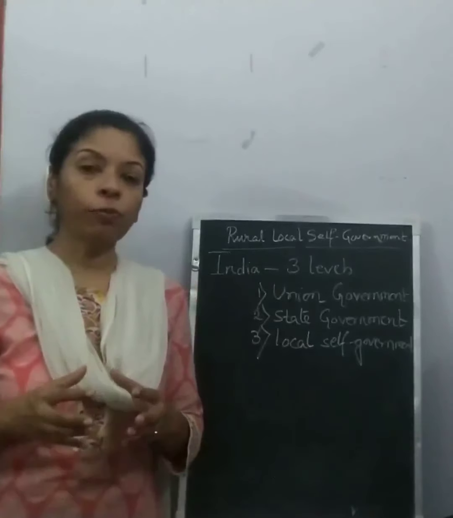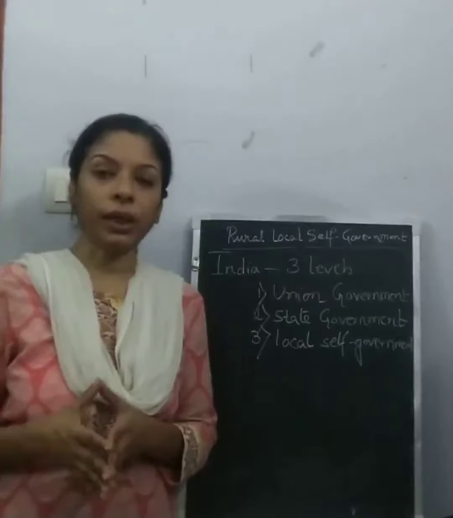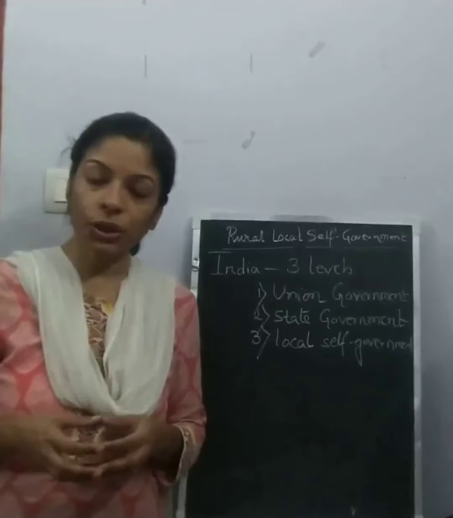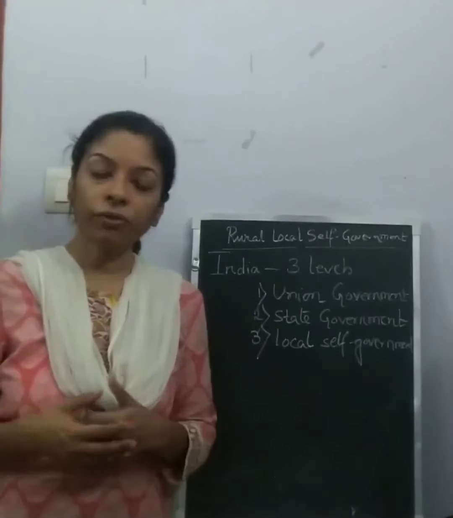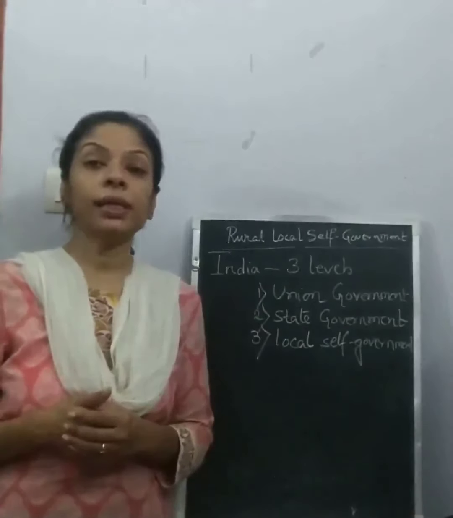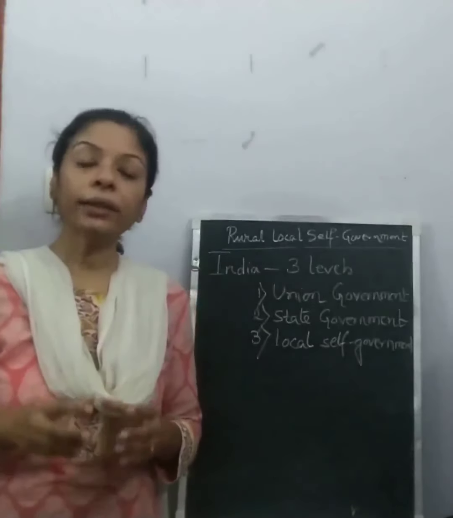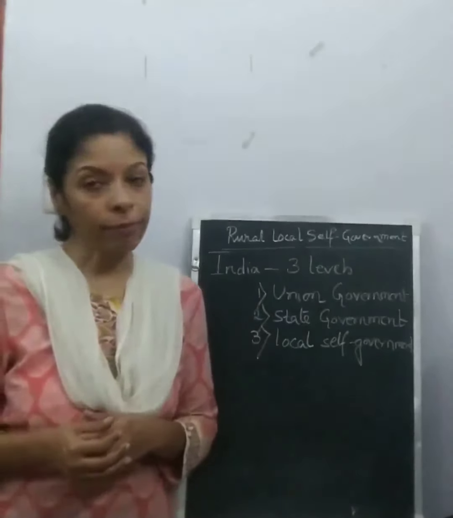So that group of people that runs the administration, looks after the people of the country, makes laws, takes decisions, and gives different kinds of facilities like free medical facilities or educational facilities to the poor people of the country, is called the government.